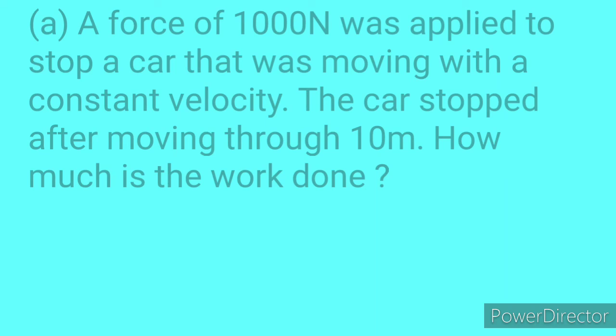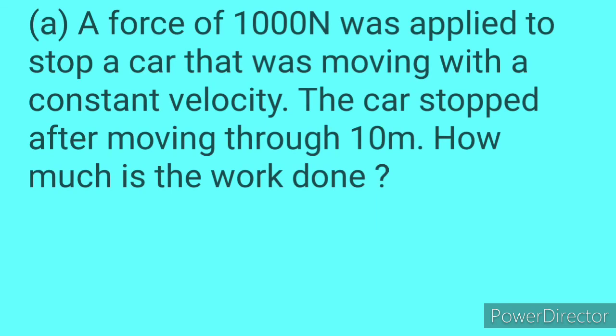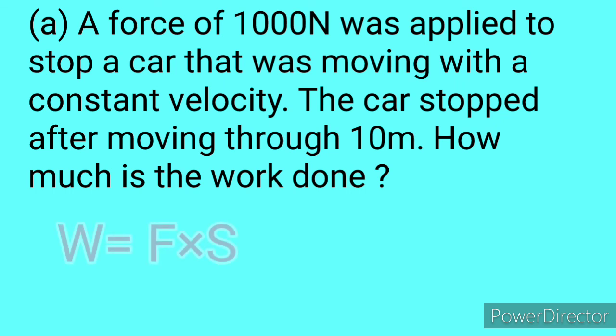Examples are given. A force of 1000 Newton was applied to stop a car that was moving with a constant velocity. The car stopped after moving through 10 meters. How much is the work done? We know that work done is equal to force into displacement. Yes, here is the displacement.